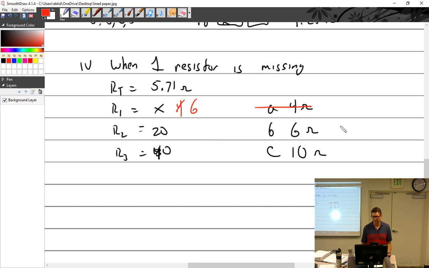Not 5.71. It equals 4.14 ohms. So is that the right answer? Nope. All right, let's try 10. So 10, 1 over x, plus 20, 1 over x, plus 40, 1 over x equals 1 over x equals. That equals 5.714 ohms.